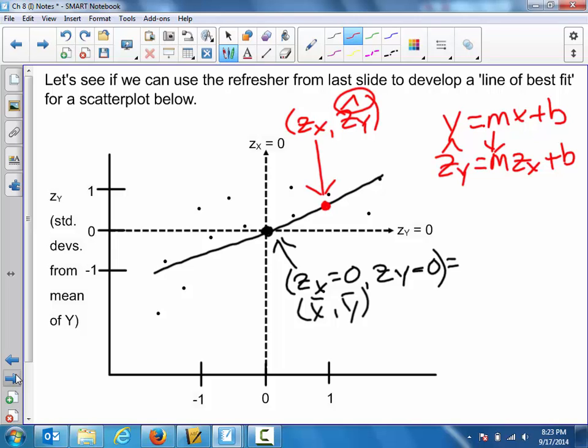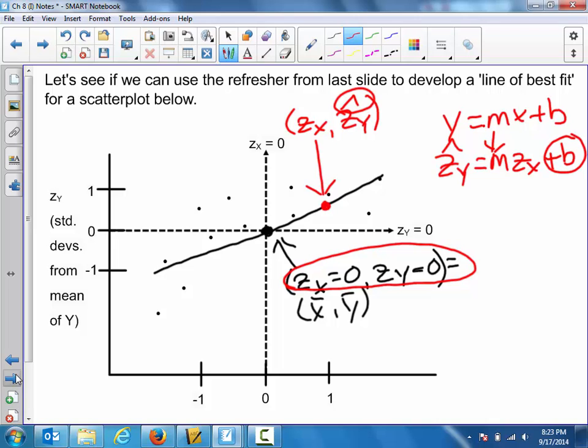We can update this a little bit further based upon the fact that we know we run through 0, 0. When the z-score is equal to 0 for x, the z-score is equal to 0 for y as well. So what does that mean?